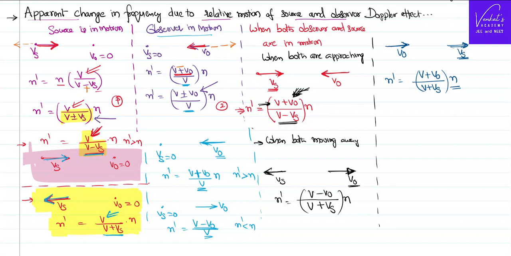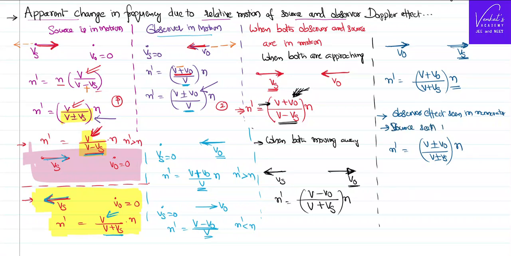Once you understand the basic observation, what is it? If you write a general equation, N dash equals V plus or minus VO by V plus or minus Vs into N. The first thing we have observed is that the observer effect is seen in the numerator, and the source effect is seen in the denominator of the given equation.